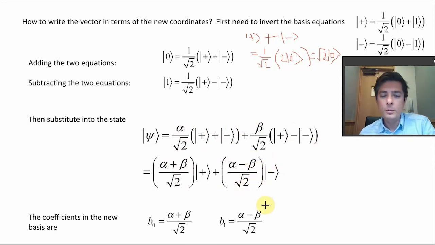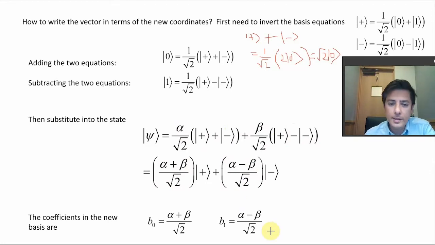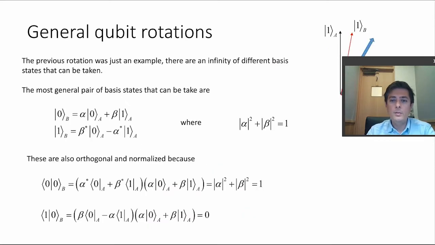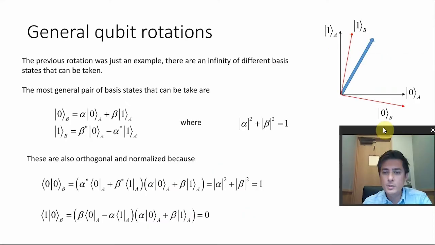So we can just read off the coefficients now. For example, the coefficient of the plus state is simply this number here. The coefficient of the minus state is just this number here. So that's how we can rearrange the equations in terms of the new basis vectors.